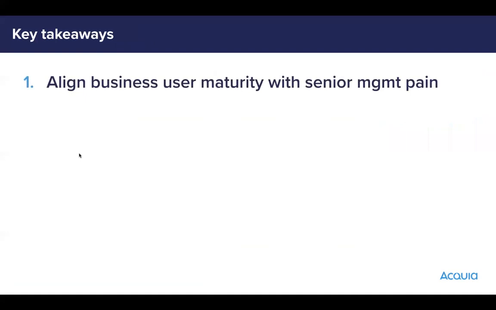So I'm going to finish up now before we go into our Q&A session and just provide a few key takeaways here. The first one I want to bring up is really absolutely aligning that business user maturity with that senior management pain.